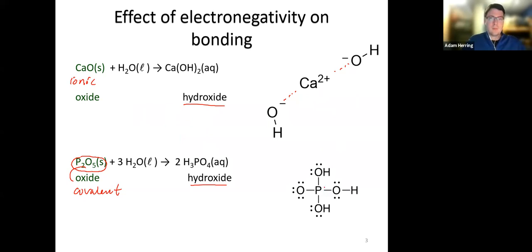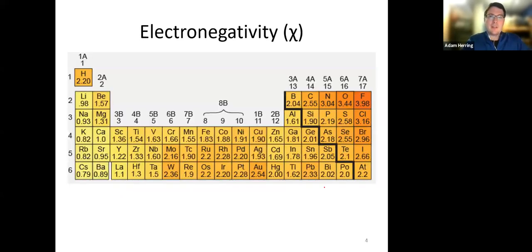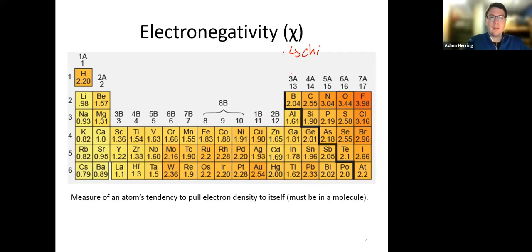Now, how do we predict electronegativity? Again, we use the Greek letter chi, C-H-I, to represent electronegativity, and there is a trend in electronegativity. Let's first, though, define what electronegativity is. This is the measure of an atom's ability to pull the electron density towards itself, but it must be in a molecule.